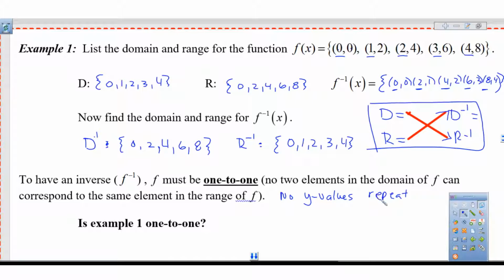So in order for a function to have an inverse, y values cannot repeat, which means it's 1 to 1. Look right here in the original problem. Do any of the y values repeat, yes or no? No. So is it 1 to 1? Yes, it is. So now that I know it's 1 to 1, I know I have an inverse.